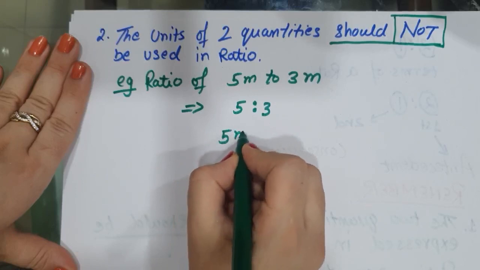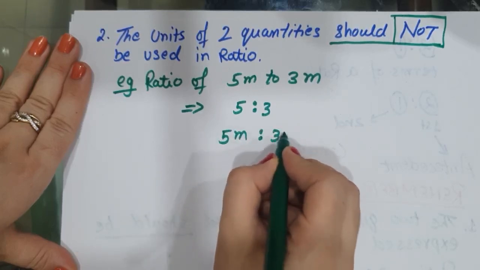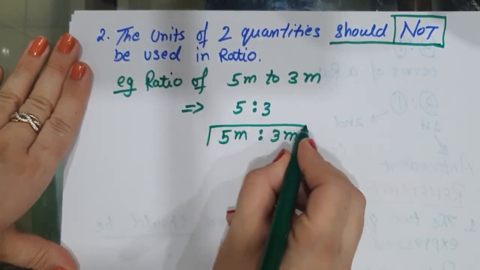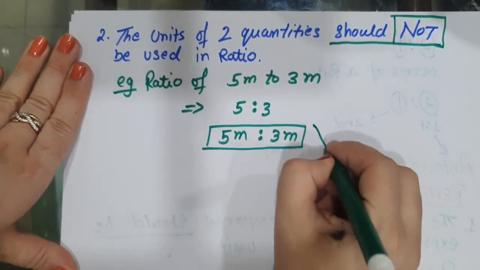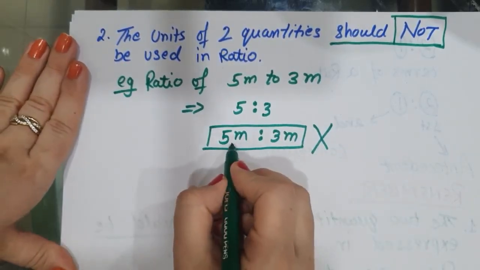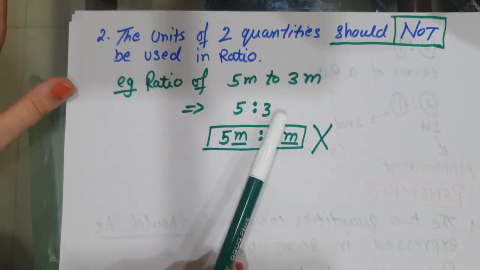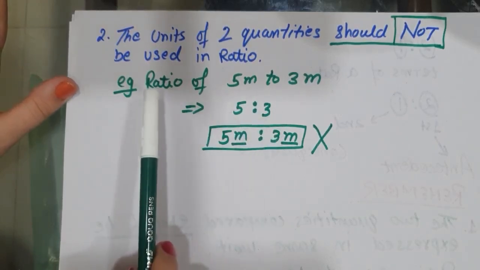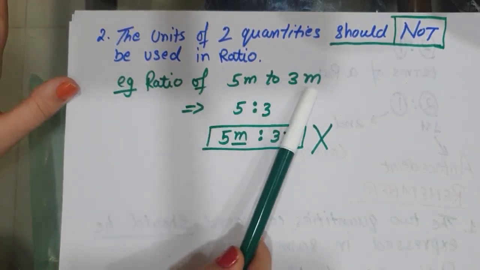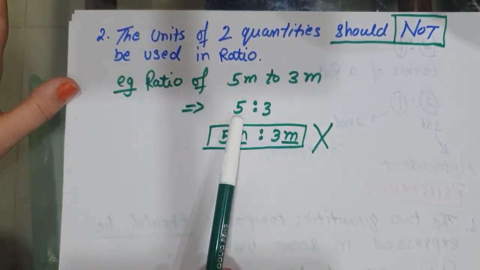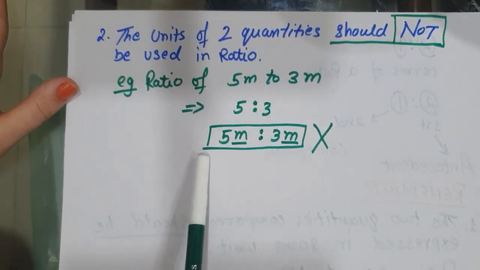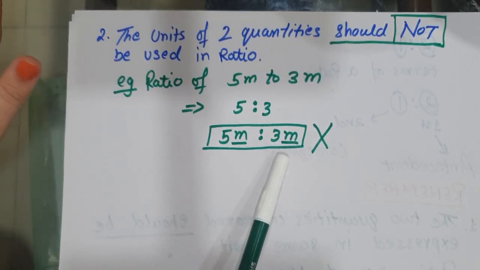If anyone writes 5 meter is to 3 meter, then this becomes incorrect. You cannot use the units in the ratio form. You have to write the form without the units. So the ratio of 5 meter to 3 meter can be written as 5:3, not 5 meter is to 3 meter.